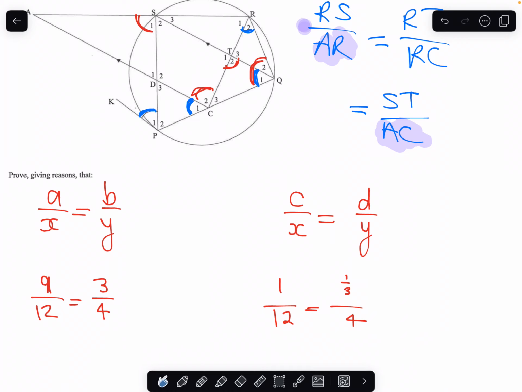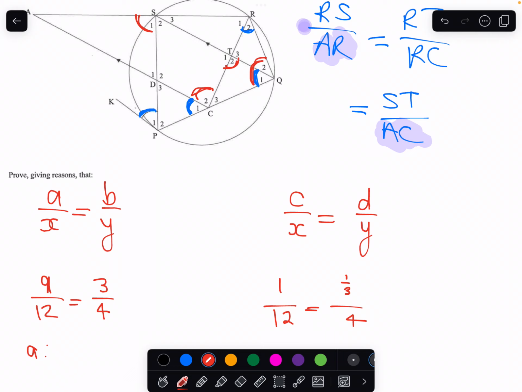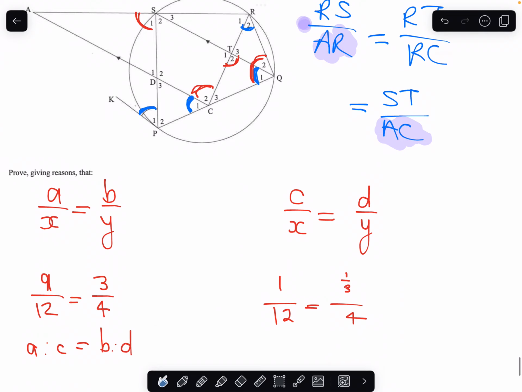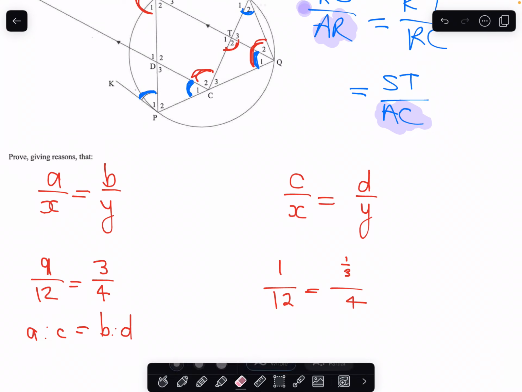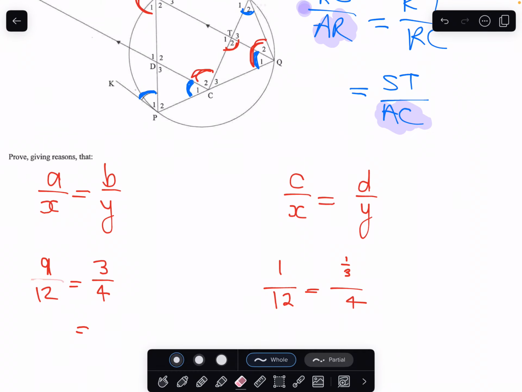So the answer is yes. The ratio of A to C will be the same as the ratio of B to D, not B to Y, B to D. And why is that?